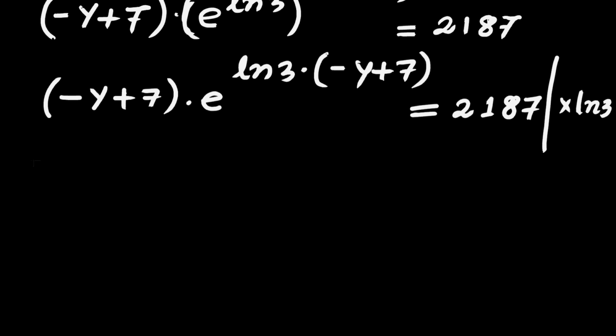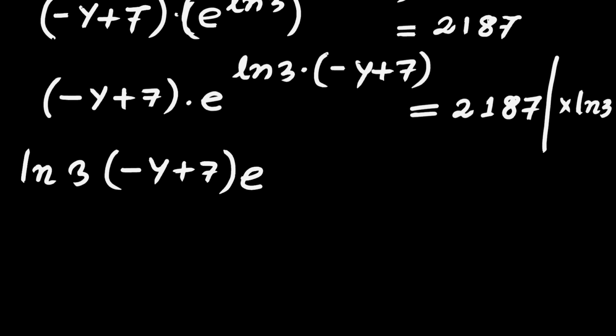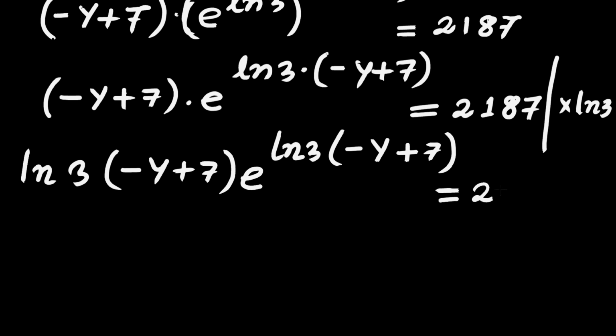Doing that gives natural logarithm of 3 times (minus y plus 7) times e to the power (natural logarithm of 3 multiplied by (minus y plus 7)) equals 2,187 times natural logarithm of 3.